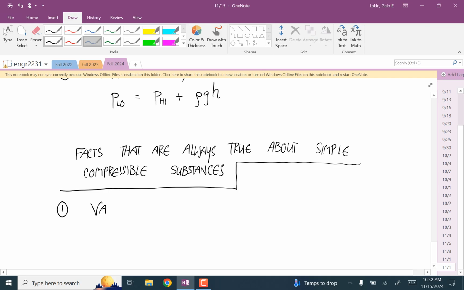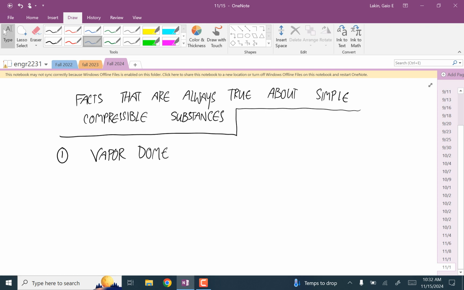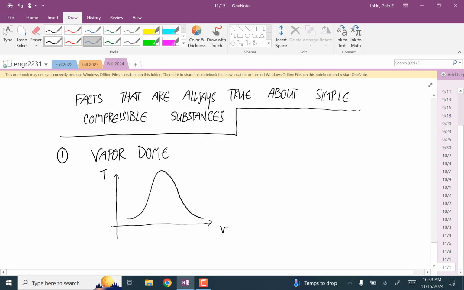Okay, so the first thing is they all have the vapor dome. So if you plot temperature versus specific volume, then a constant pressure process, so this line is constant pressure, looks like this.